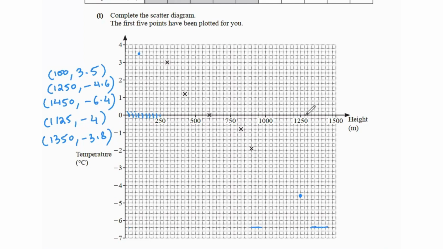So 1450 is going to be 1300, 1350, 1400, 1450. That's our point.